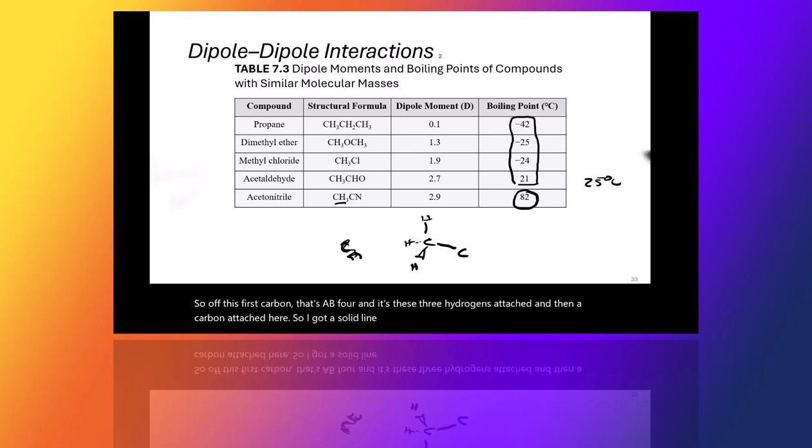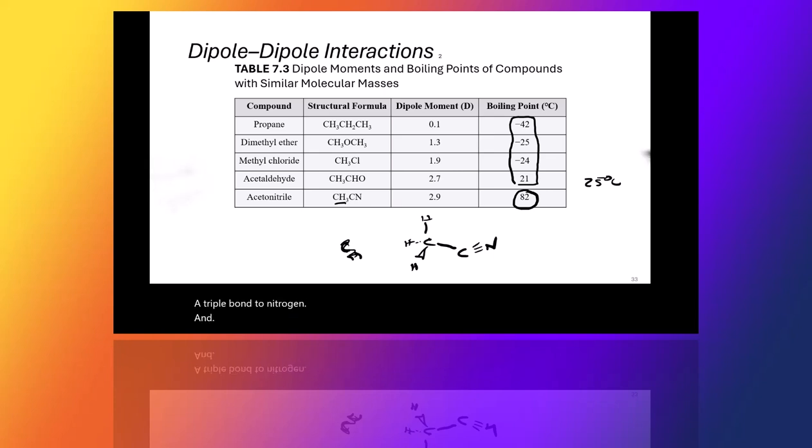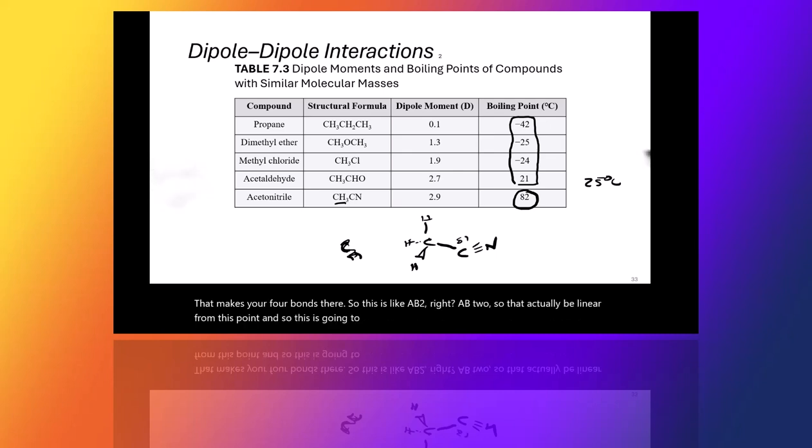And then on this carbon you have a triple bond to a nitrogen, and that makes your 4 bonds there. So this is like AB2, right? AB2, so that'd actually be linear from this point. And so this is going to be partially positive here, partially negative here, and that's going to create a dipole moment for the molecule.